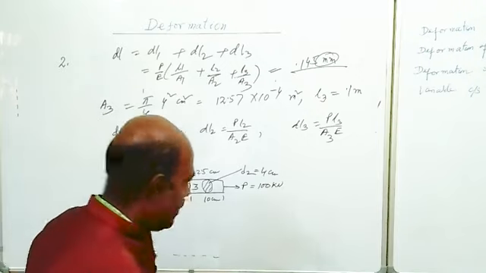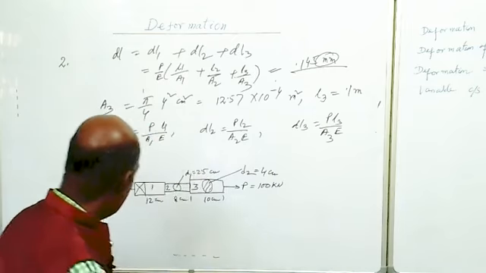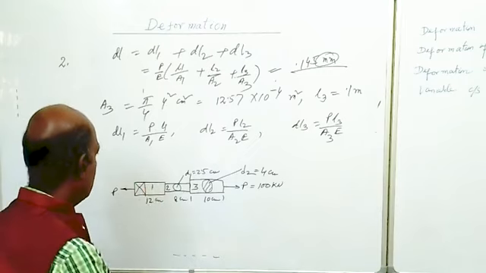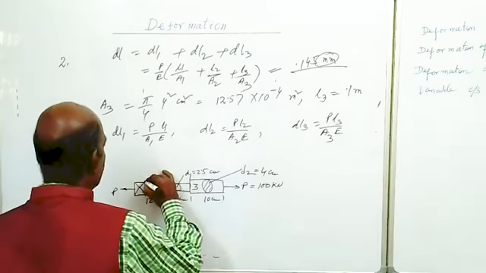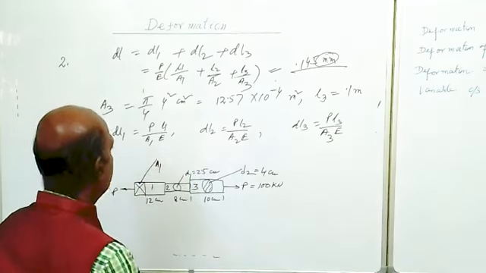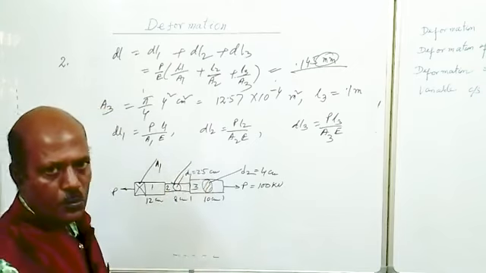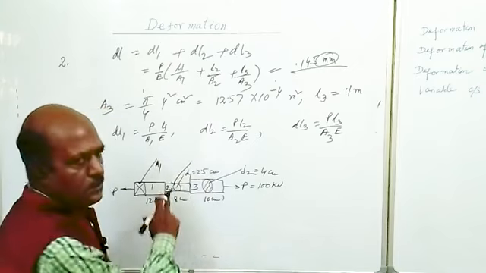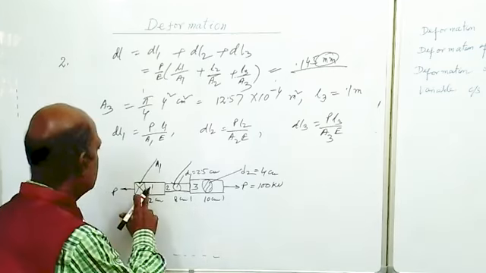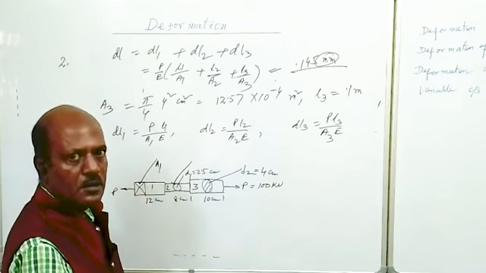And the other part is, what is the maximum stress and minimum stress developed in the bar. Now, from this figure, it is seen that A1 will be the maximum cross sectional area, and the minimum cross sectional area will be A2. So, where the area is minimum, the stress developed in that section will be maximum, and where the area is maximum, the stress developed will be minimum.